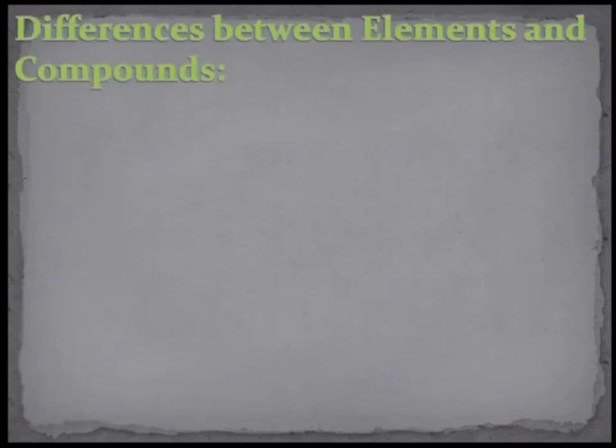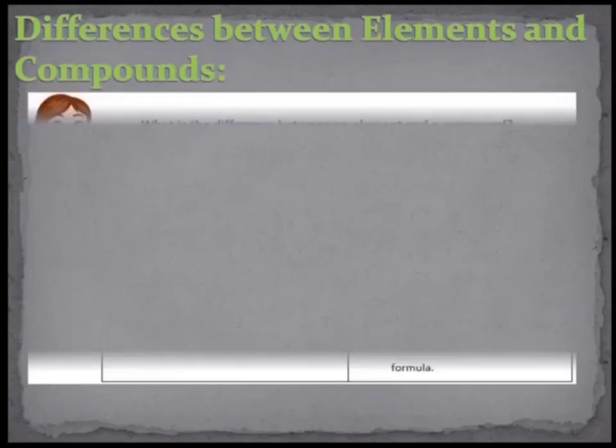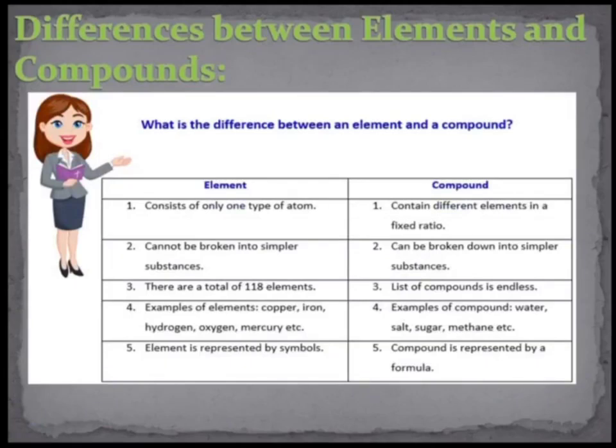And now we are going to see the differences between elements and compounds. Elements consist of only one type of atom, whereas compounds contain different elements in a fixed ratio. Elements cannot be broken into smaller substances, whereas compounds can be broken down into simpler substances.